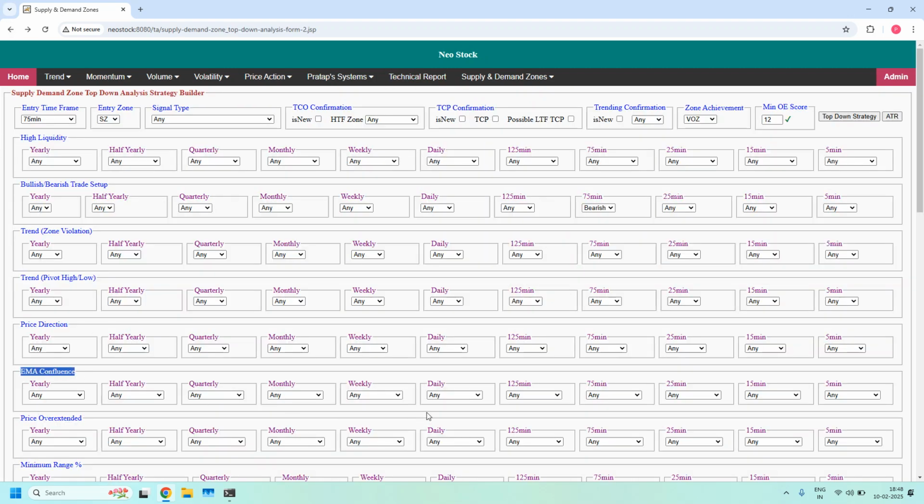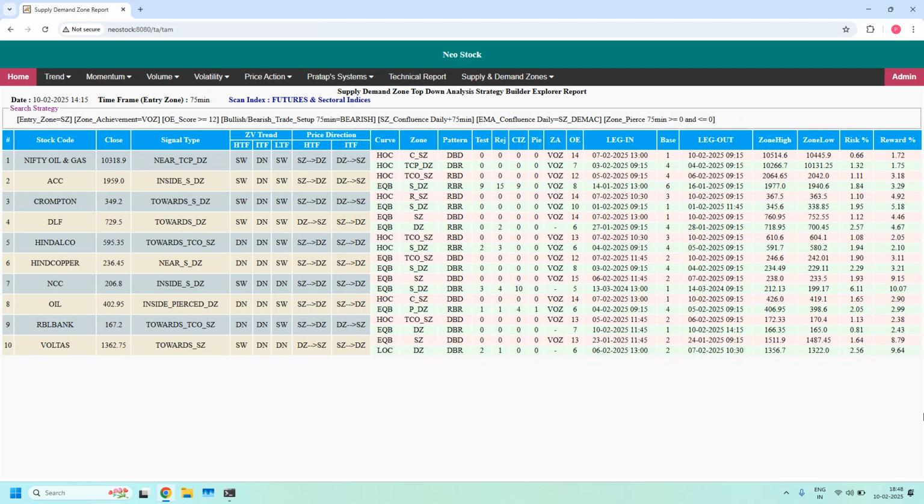In the EMA confluence, at a daily time frame, I am setting the filter: daily supply zone is having daily EMA confluence or not. With this filter, we got 10 stocks. And these 10 75 minute supply zones might be having an even more additional higher probability of getting success.